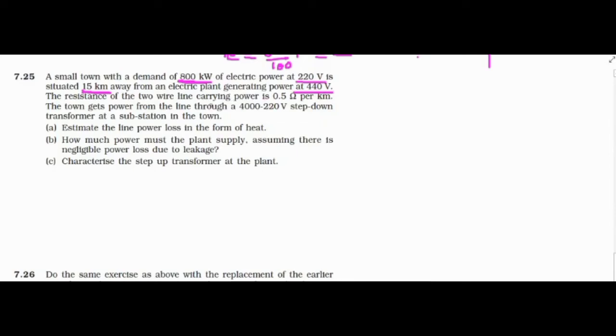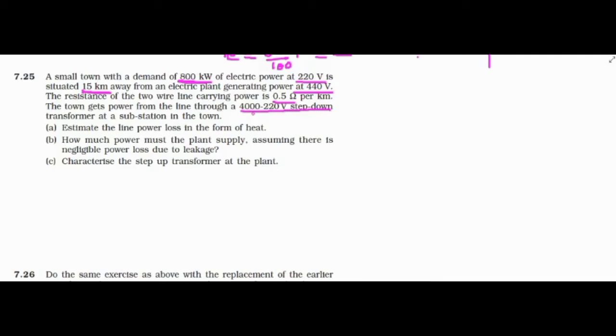The resistance of the transmission wire is 0.5 ohm per kilometer. For 1 kilometer, its resistance is 0.5 ohm. Then the town gets power in the line through a 4000-220 volt step down transformer. That means the power reaches the town at a voltage of 4000 volt. So these are the data given in the question.